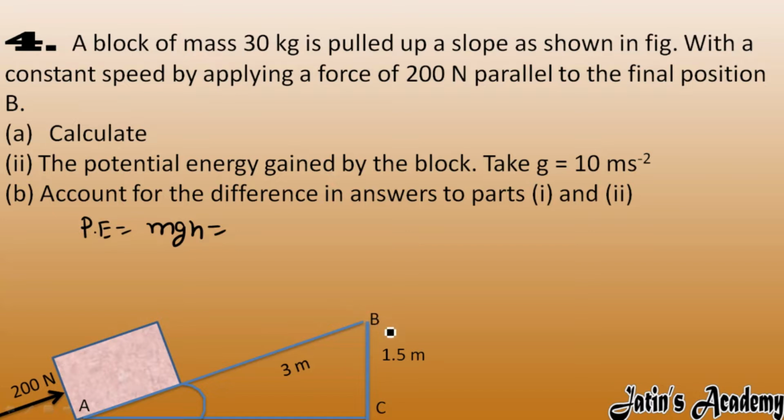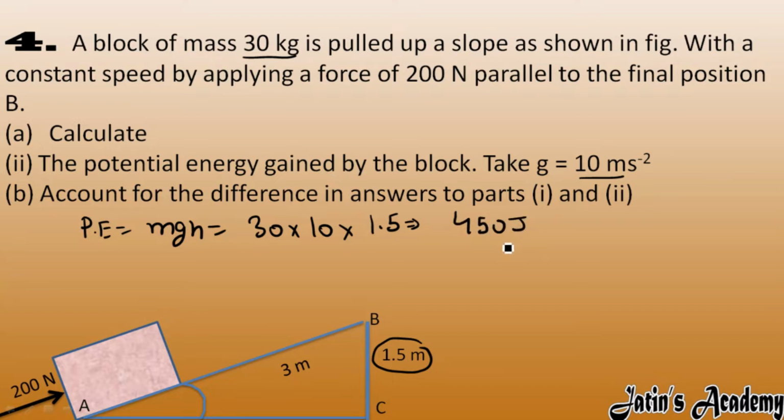So height in this case is this BC line, which is 1.5 meter. Mass of block is 30 kg and g value is 10. So mass is 30, g value is 10, and height is 1.5. So here we got 450 joule.